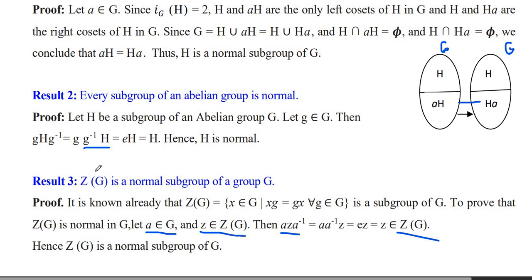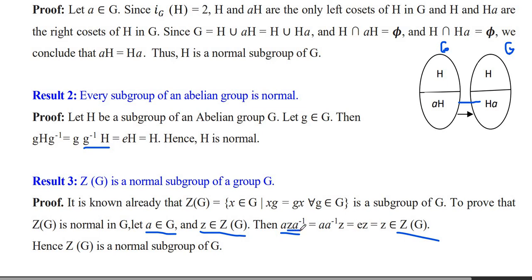Next is: the center Z(G) is normal in G. It is already known that Z(G), which is the collection of all elements in G which commute with all the elements of G, is a subgroup of G. So to prove the normality condition, we consider a in G and z in Z(G), and consider aza inverse.